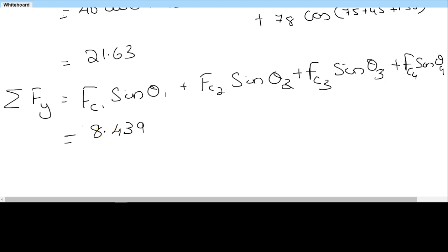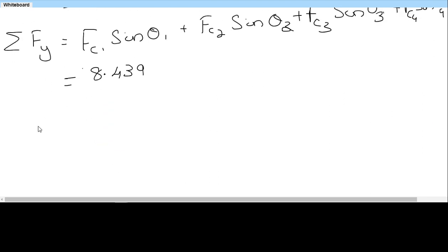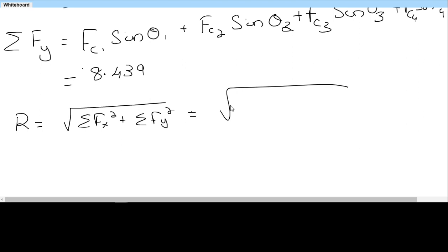So you got Fx, you got Fy, that is the horizontal and vertical components. You have to find the resultant. Resultant will be nothing but the square root of horizontal component square plus vertical component square. So that will be equal to the square root of 21.63 square plus 8.439 square.